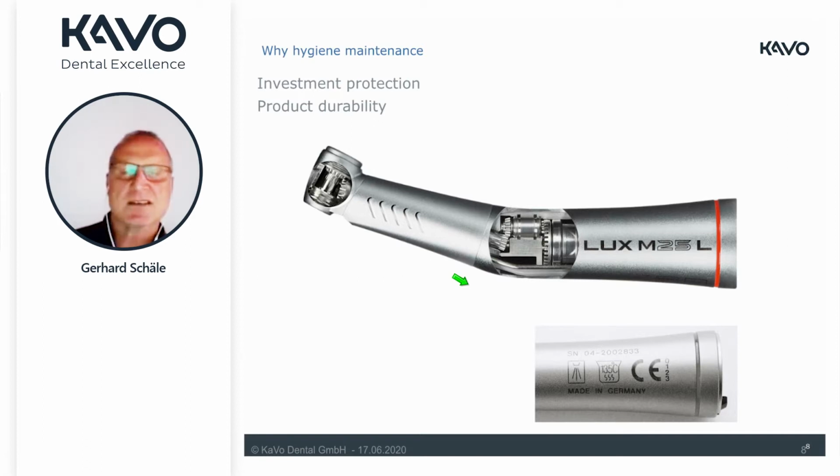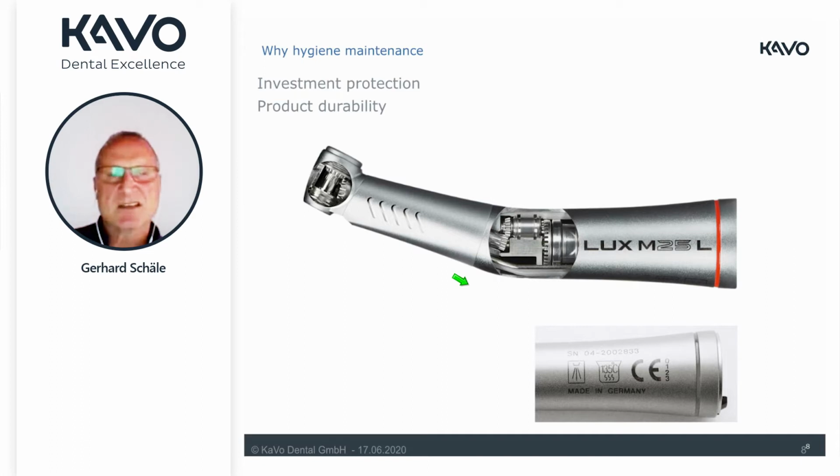And of course, we want to avoid dirt getting in here, and therefore we need 100% precise maintenance of the instrument. It is important to know if an instrument is allowed to be sterilized, or if an instrument is allowed to be put into a thermal disinfection.